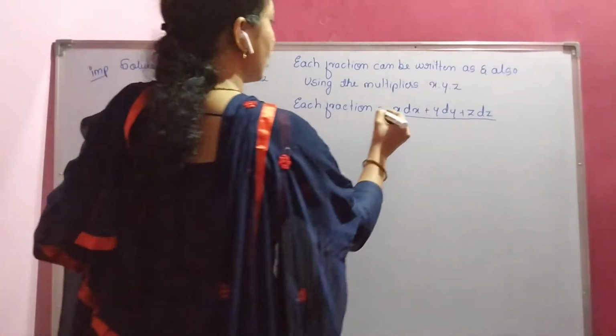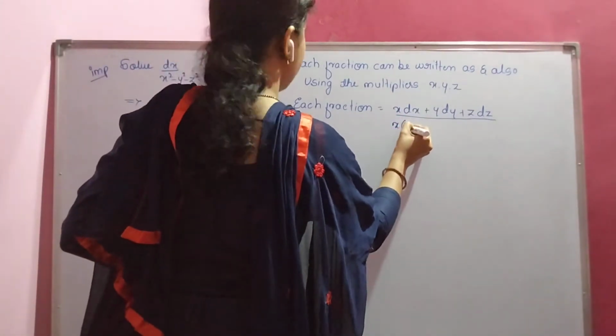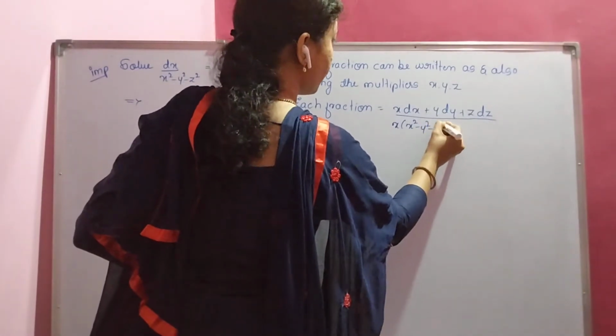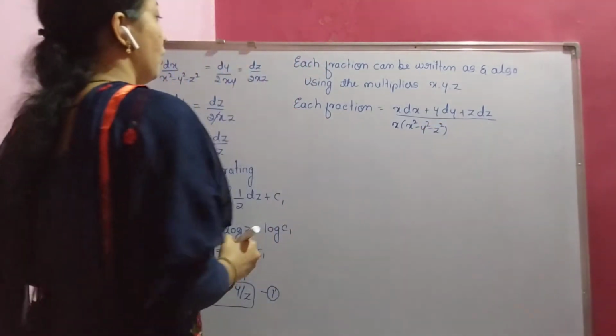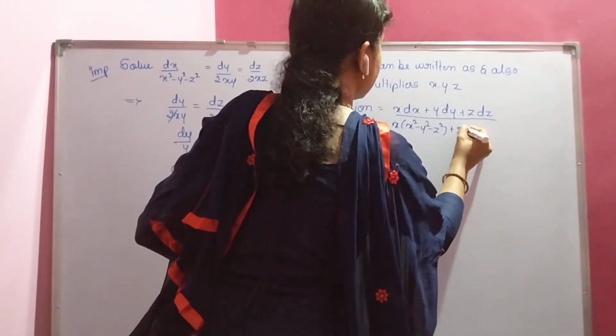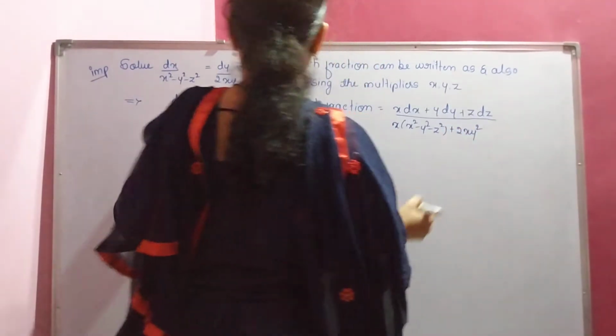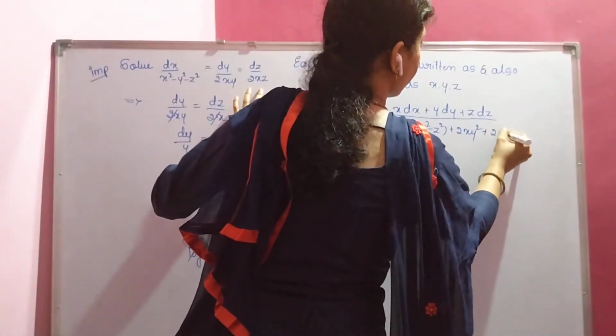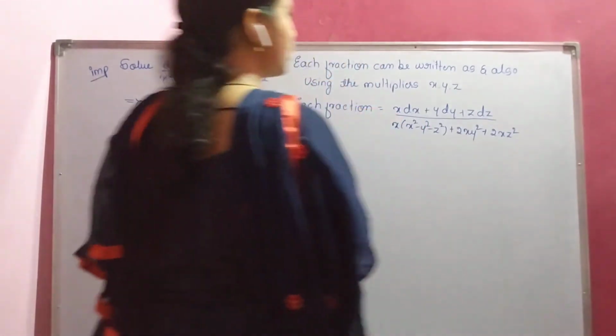So it is x into x square minus y square minus z square, and here it is plus 2x y square because it is multiplied by y, and the next term is 2x z square.